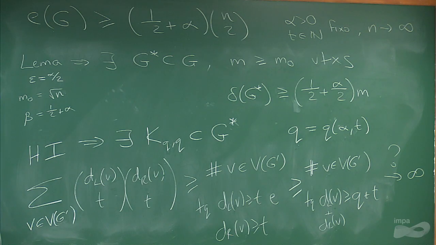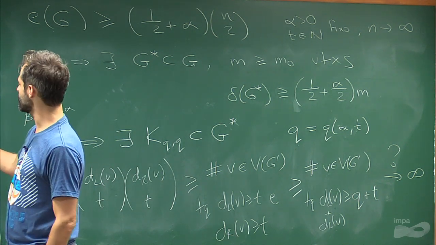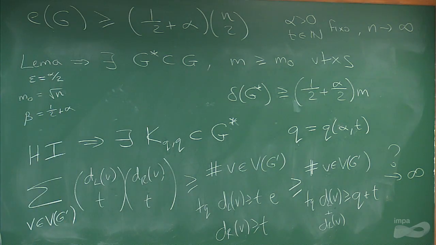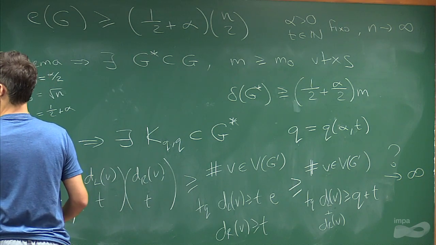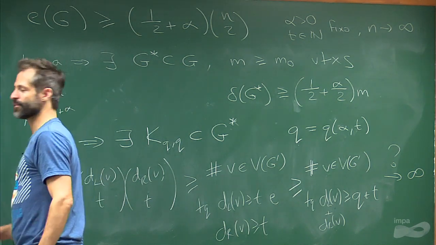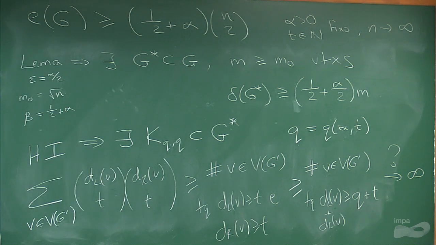Counting from the bottom, we have a bounded number of vertices with arbitrary degree. Maybe I'll call this C as well. So it's at most 2q times x plus (q plus t) times (m minus 2q minus x).